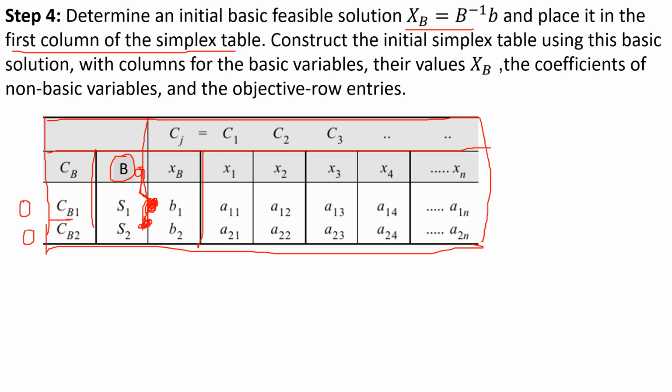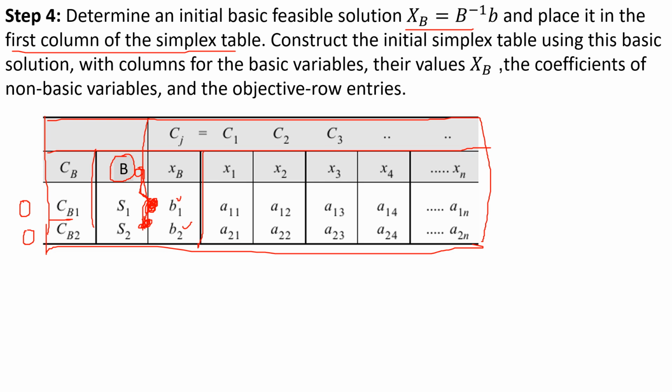And XB is the initial basic feasible solution for these basis variables. So here B1 and B2 are the right hand side values in the constraint equation, and initially we are considering these values as the solutions.